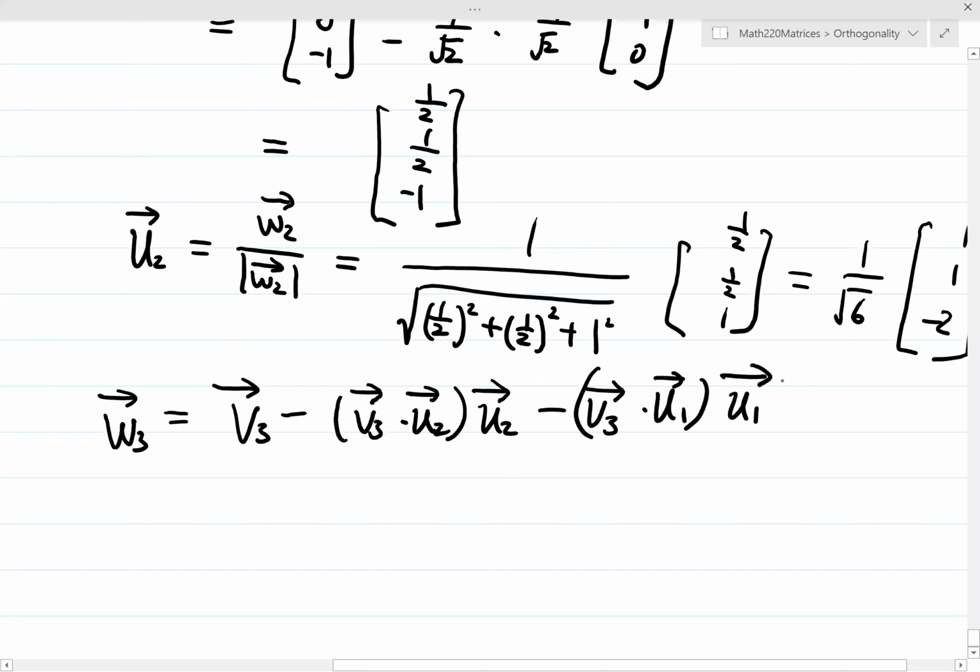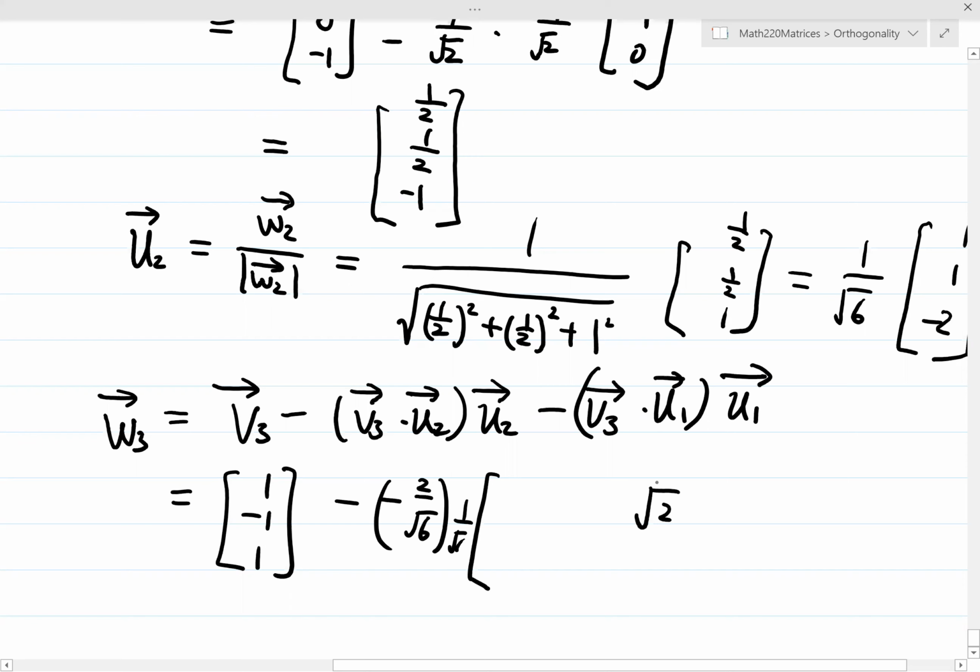V3 is 1, negative 1, 1. One dot product is root 2, and the other dot product is negative 2 over root 6. U2 is 1 over root 6, 1, 1, negative 2, and U1 is 1 over root 2, 1, negative 1, 0.